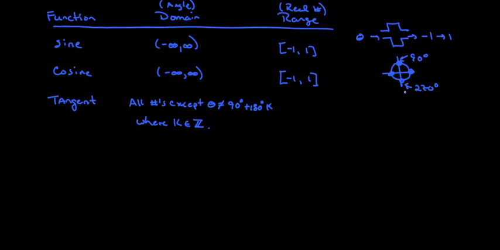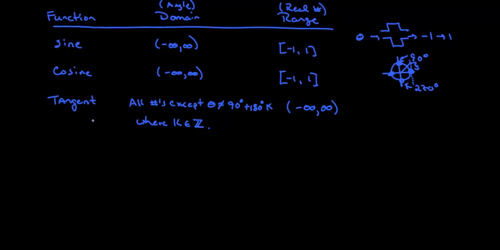Now what are the output values? Remember, if we put a tangent line out here, it's this distance. So tangent can give us any height value we want. That's going to be from negative infinity to infinity.